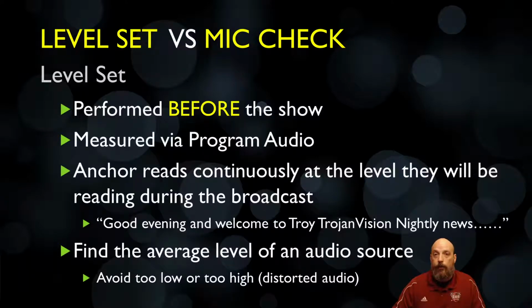We will also turn audio on, and we will put it on program and on the air, and we will get the anchors to talk in the way they're going to be speaking during the newscast. So the anchors will usually say, good evening and welcome to Trojan Vision Nightly News for January 5th, 2018. And then we'll go on from there. And while they're talking in that voice, we'll find that ideal audio to make sure it's not too loud or too soft.